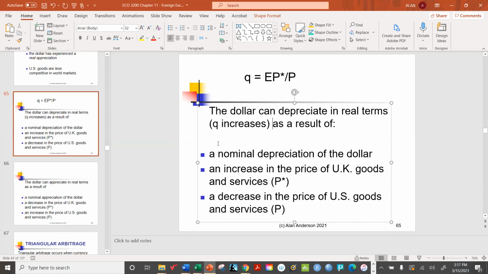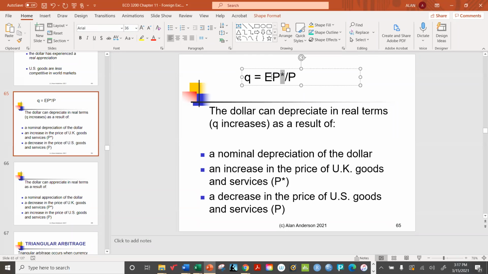As a result of three possibilities, the dollar could depreciate in nominal terms. In other words, if E goes up, then with no change in the prices, Q also has to go up. But if British goods go up in price, that will have the same effect.